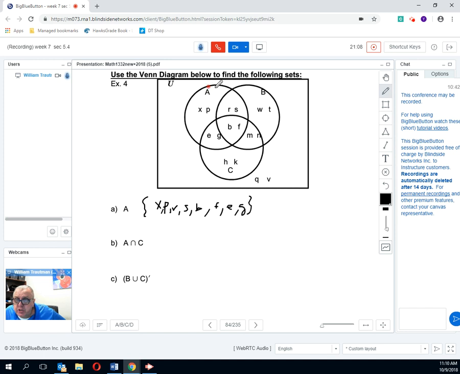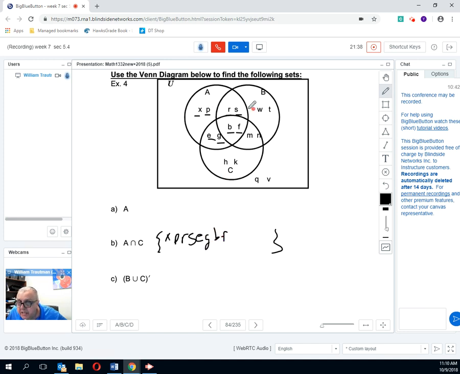Look at A union C. This one is A, and this one is C. A union is a marriage. We're going to write down all the letters in A and C. XPRS, EGBF.